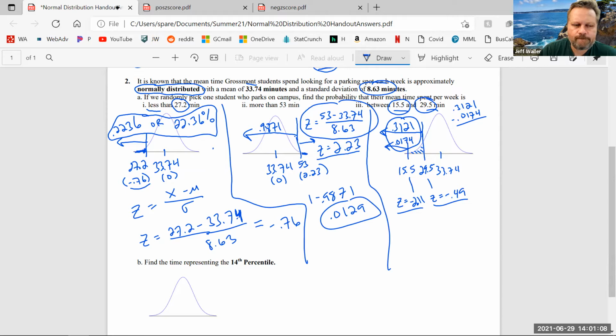So it's 0.3121 minus 0.0174. Yep. Which I think is 0.2947. Yes. Yay, Jeff! You could do your job. And area always has to be positive, right? Definitely.